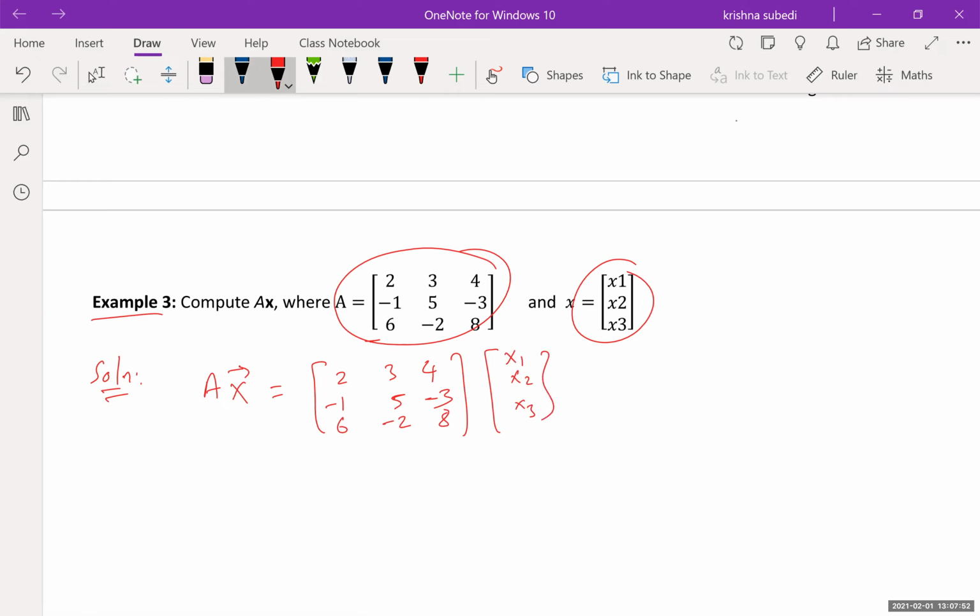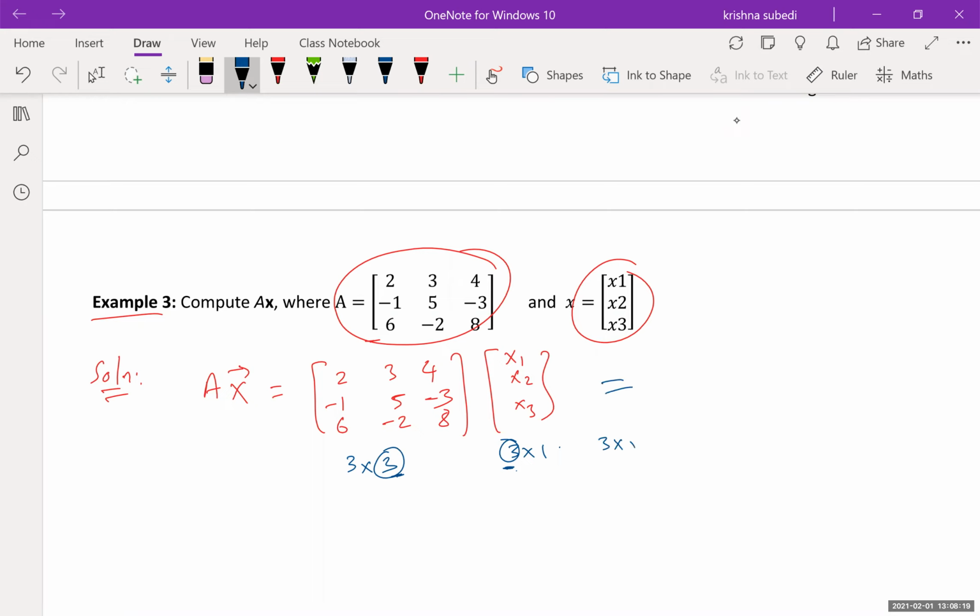As you know from chapter 2, this is a 3 by 3 matrix and this is a 3 by 1 matrix. Since the columns of the first matrix and the rows of the second matrix are equal, the multiplication exists, and the resulting matrix will be of size 3 by 1.